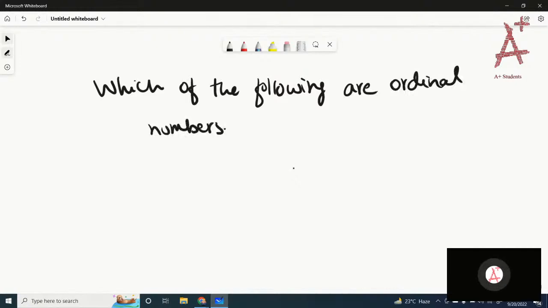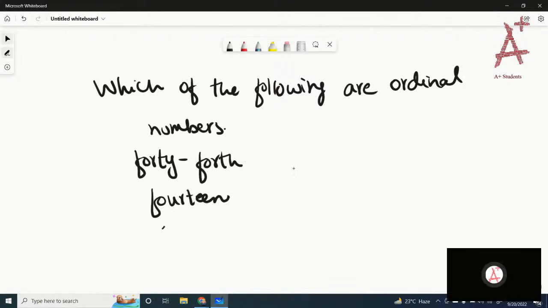Okay, you are given four options. They are 44th, then 14, then 8, and then 1.